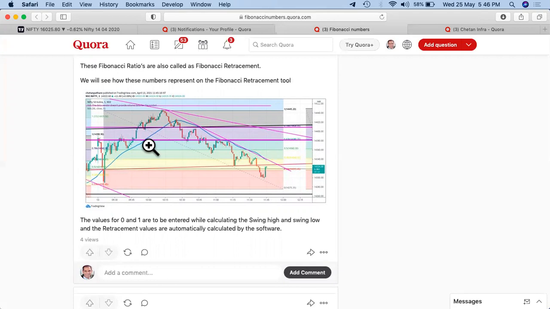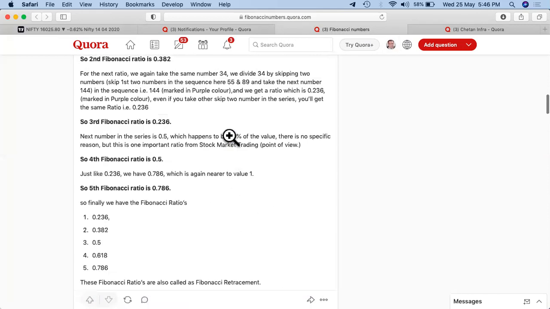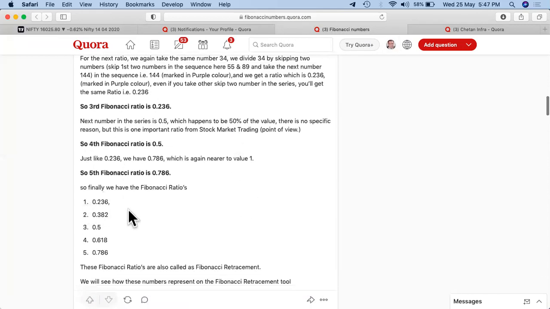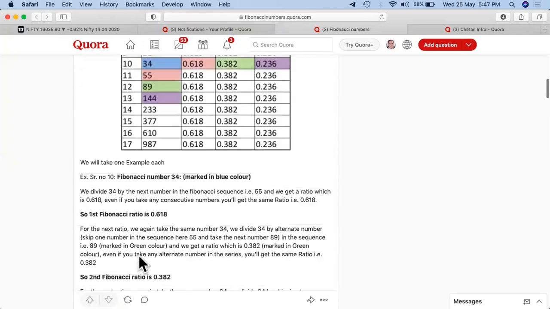We'll again revise the same things. We have the Fibonacci sequence. We have got the Fibonacci ratios, and we have got something called the golden ratio, which is 1.618, right? Let's just quickly look at those things. So we got the Fibonacci ratios, which are 0.236, 0.382, 0.5, 0.618, 0.786, right?